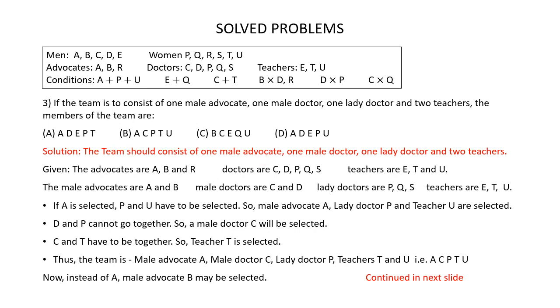So among these advocates A, B and R, clearly the male advocates are A and B. Also the team should consist of a male doctor and a lady doctor. So among the doctors C, D, P, Q, S, clearly the male doctors are C and D, lady doctors are P, Q and S. And the team should consist of teachers, and the teachers are E, T and U.